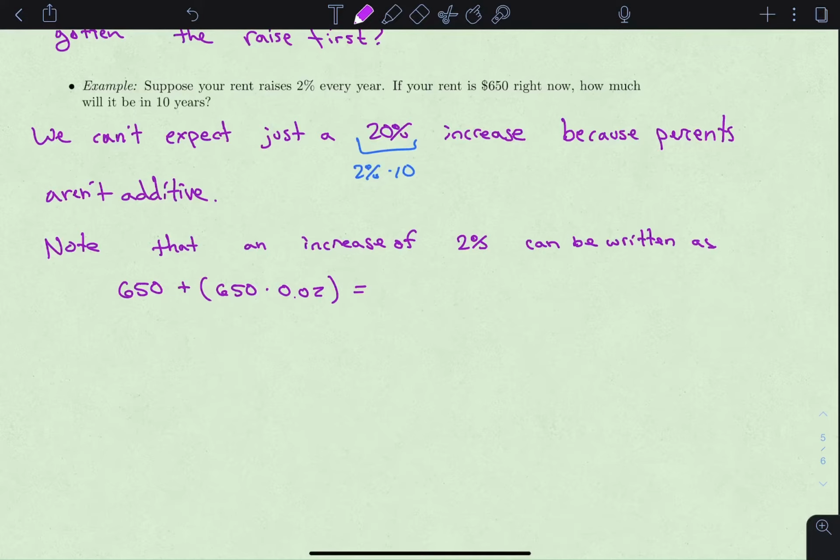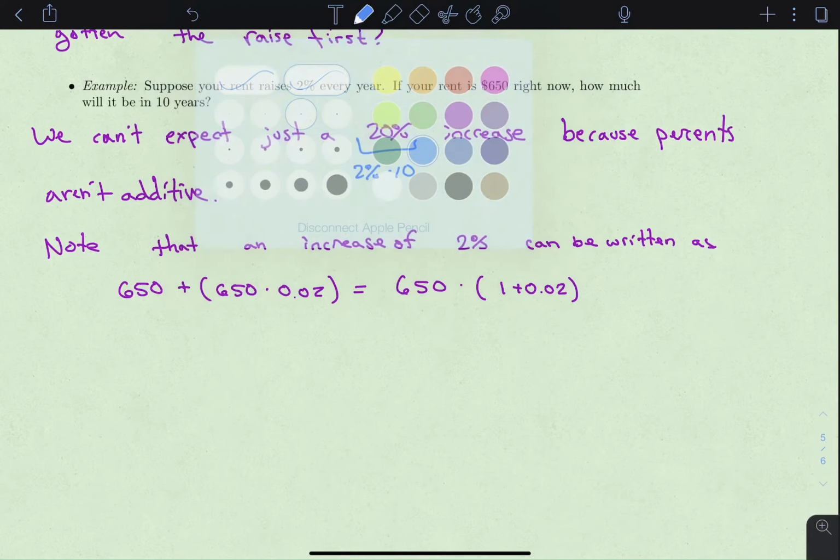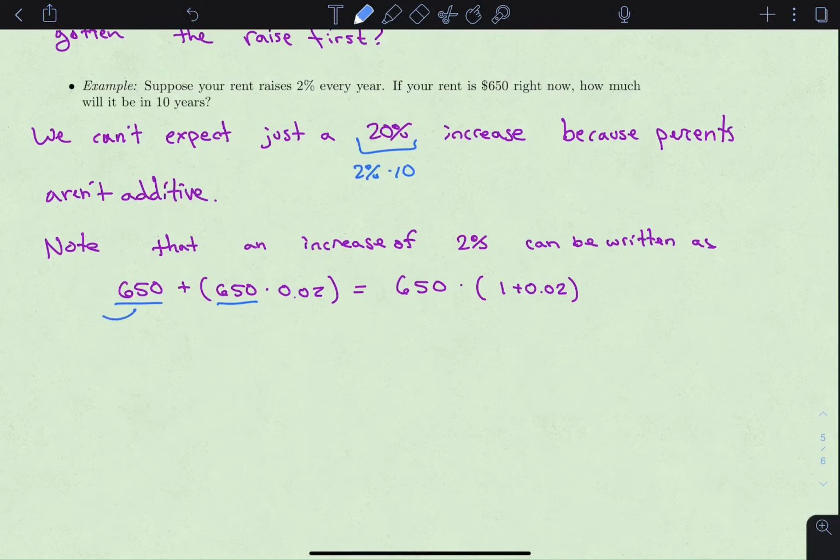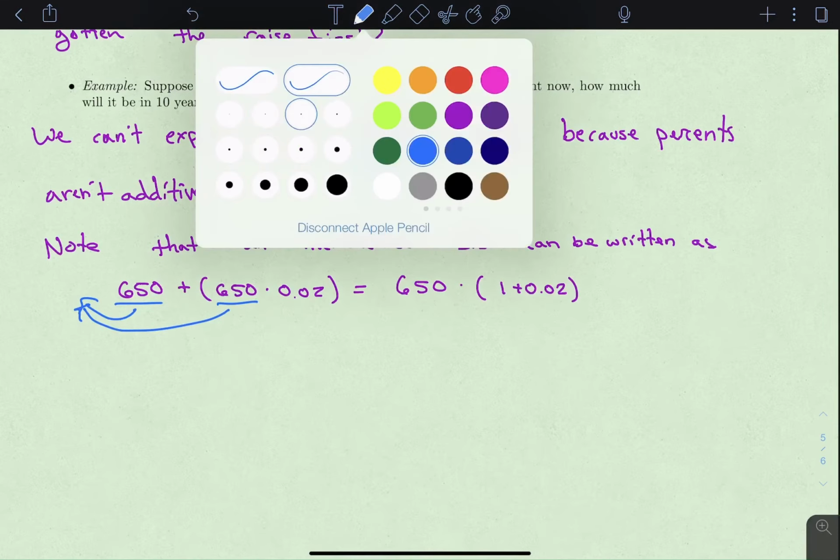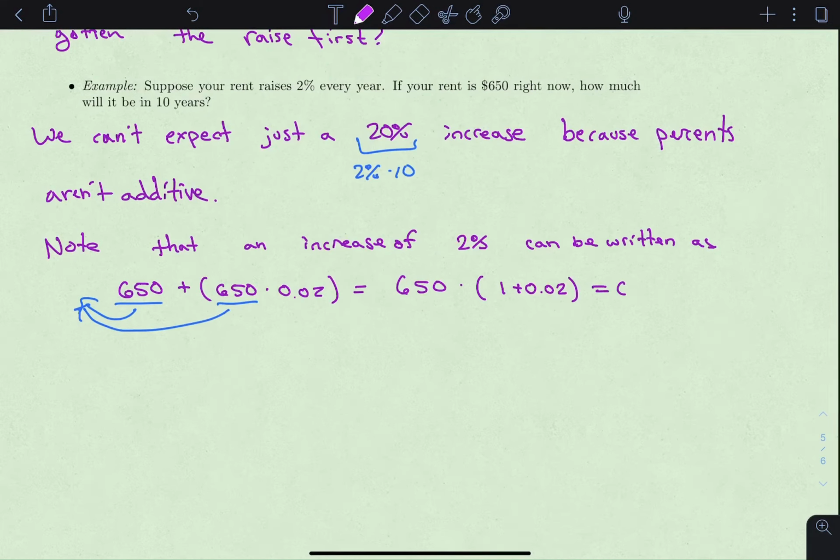But we can write that as 650 times (1 plus 0.02). This is factoring out the 650 from both expressions, which just equals 650 times 1.02.